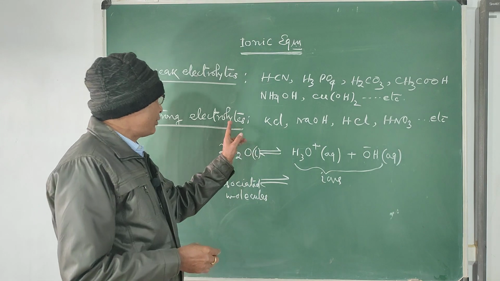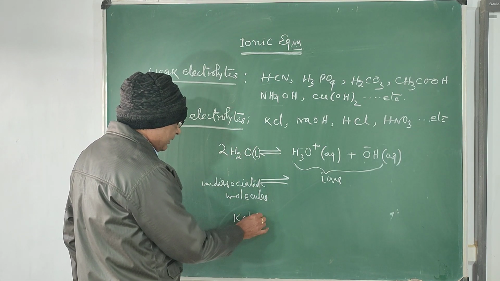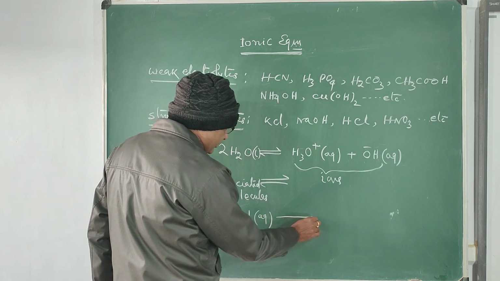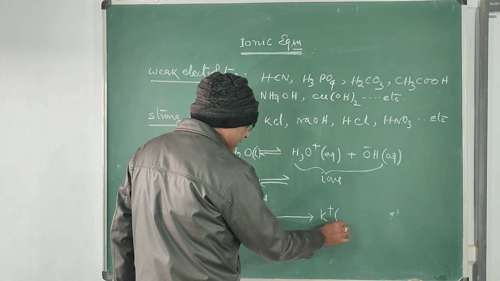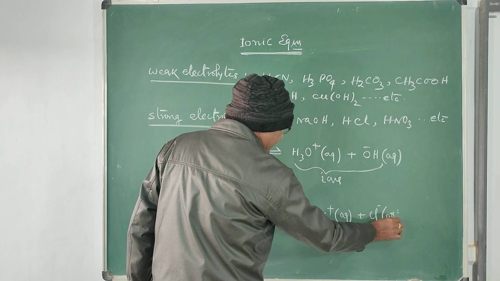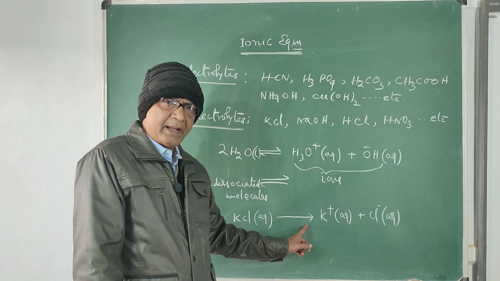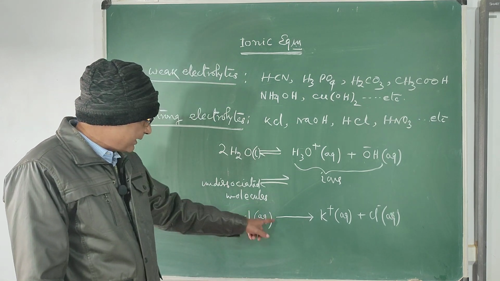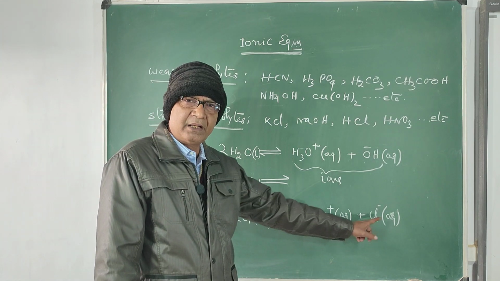electrolyte. If we talk about a strong electrolyte, say for example KCl, if you take a solution of KCl, KCl will be fully ionized into K+ and Cl- at once because it is a strong electrolyte. Therefore, there is no question of attainment of equilibrium, because the entire KCl units will be dissociated into K+ and Cl-.